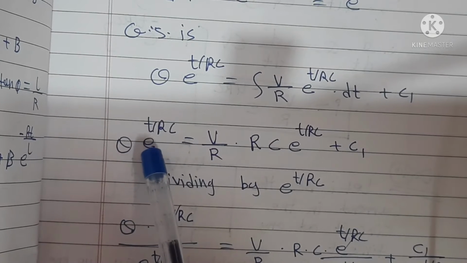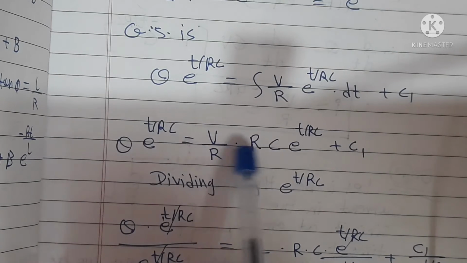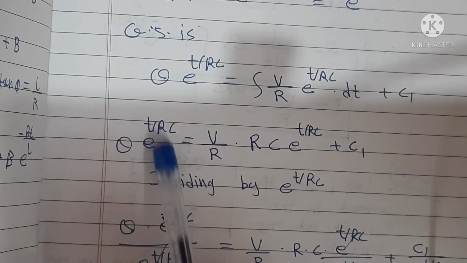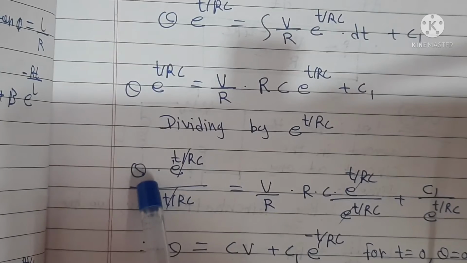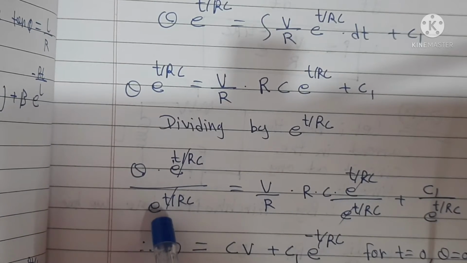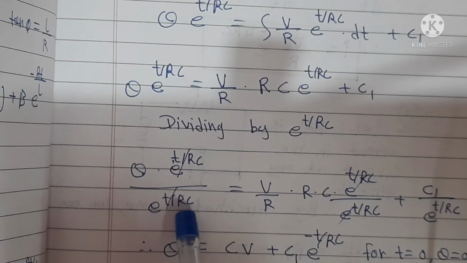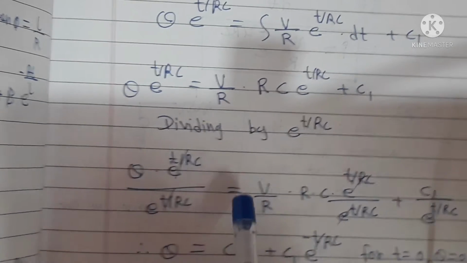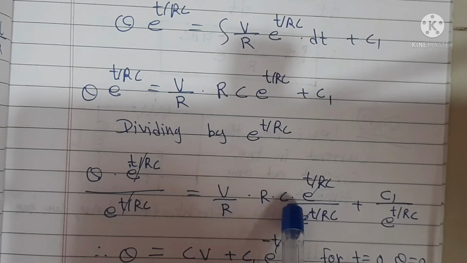Now, with Q, I want the lone Q term, therefore dividing the whole equation by e raised to t upon RC. Dividing by e raised to t upon RC, we get Q times e raised to t upon RC over e raised to t upon RC. These get cancelled, equal to V upon R into C.